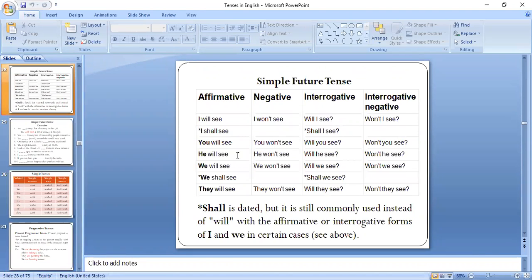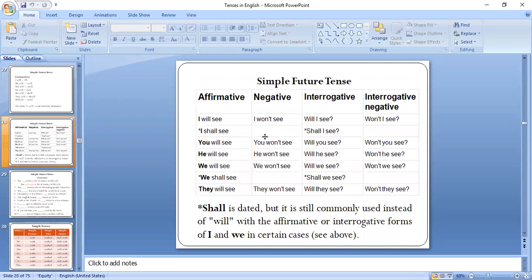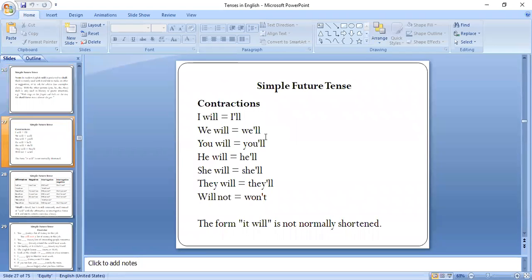Also, we have seen the affirmative, negative, interrogative of the, no, we haven't. Yes, we were at the contractions, I think. Yes, we have reached up to this slide, that is contractions.